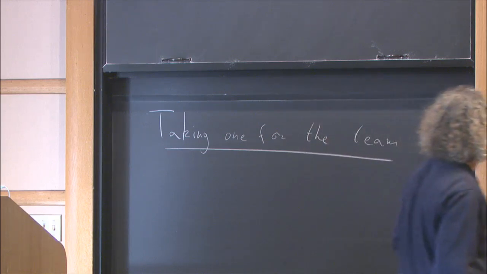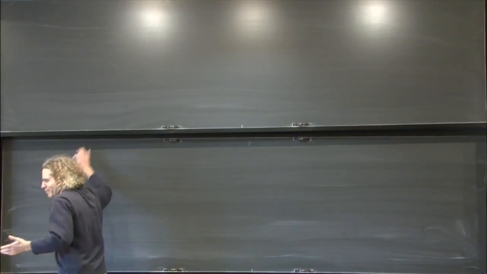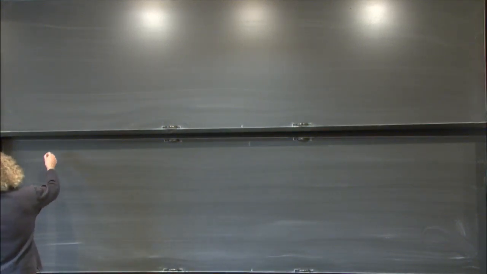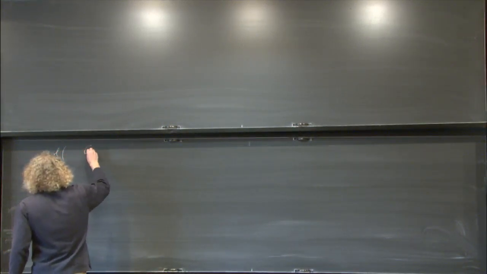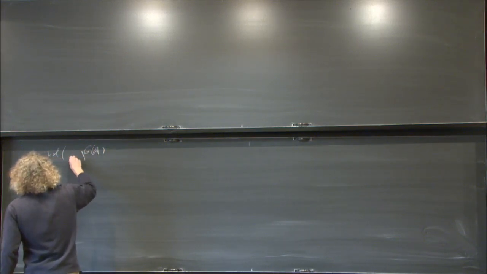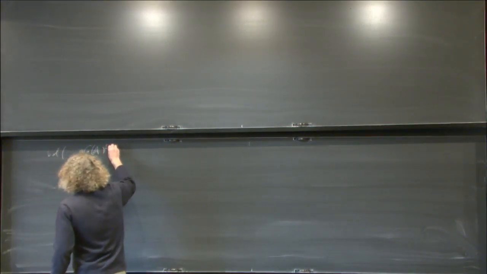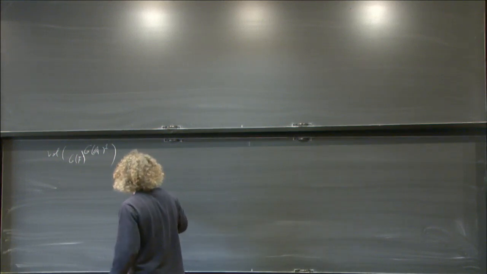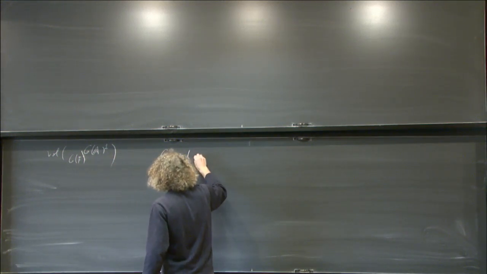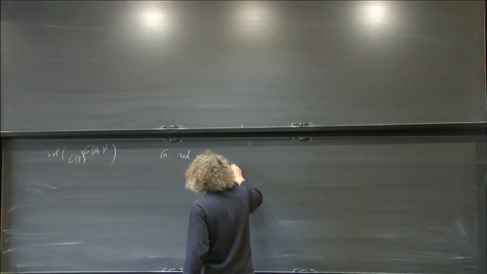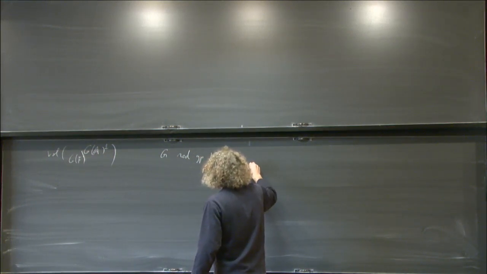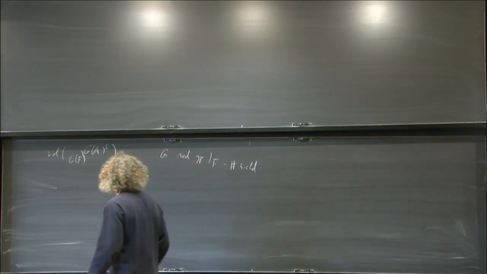So the very basic case when we speak about local to global is the volume of G(A) mod G(F), or G(A)^1 mod G(F) to make it finite. So G is a reductive group, of course, over F, which is a number field or global field, doesn't really matter.